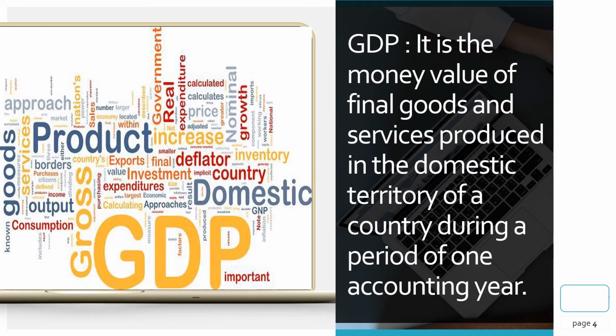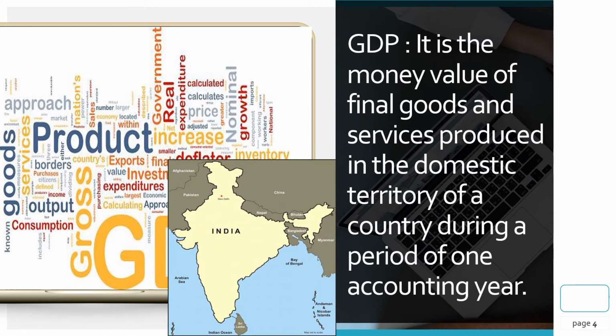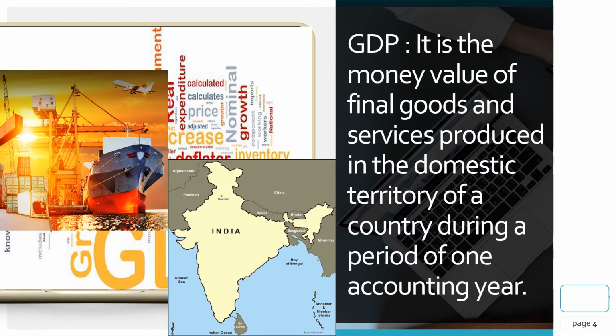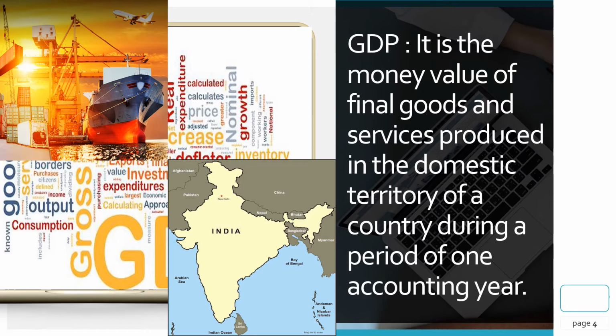I want to throw a little light on what we mean by domestic territory. In common language, the domestic territory of a nation is understood to be the territory lying within the political boundaries of a country. That considered, you have shipping and aircrafts operated by residents of the country across different parts of the world.